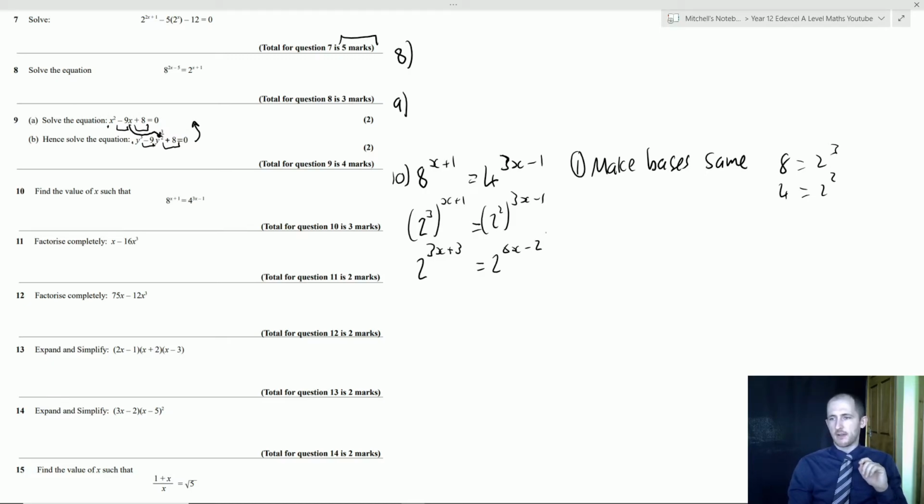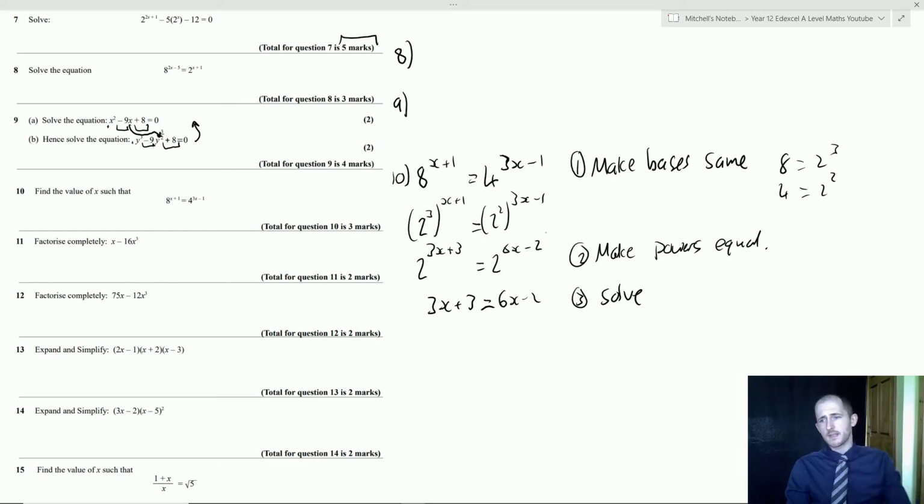And what did we say now? The second step is to make powers equal, or you can call them exponents. So we just equate. Equals 6x minus 2.